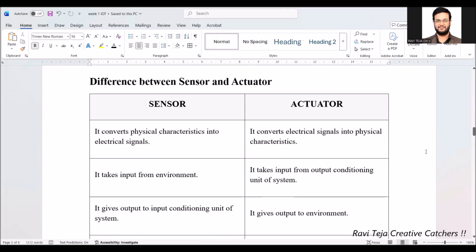So if you take a simple difference between a sensor and an actuator, the sensor converts physical characteristics into electrical signals, whereas the actuator converts electrical signals into physical characteristics, like running of a motor or anything else. The sensor takes input from the environment, and the actuator takes input from the output conditioning unit of the system.